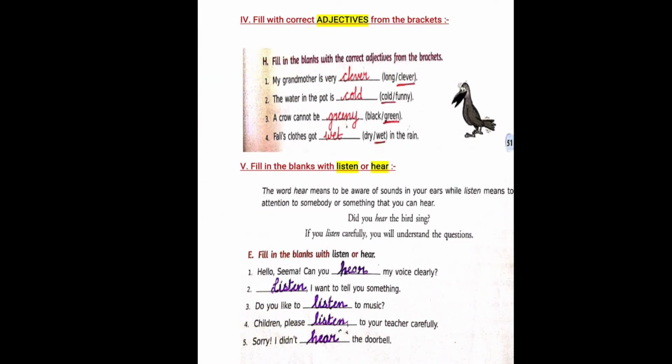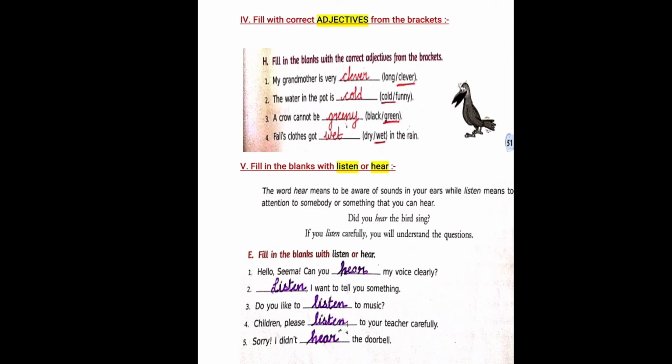Moving on to the next Roman letter, fill in the correct adjectives from the brackets. First one, my grandmother is very... As children, most of you have guessed it right. Answer is clever. Second, the water in the pot is cold. Very good.